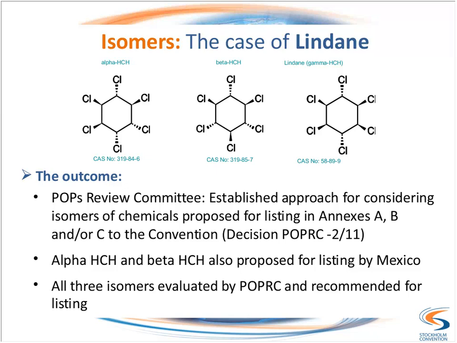But you have to understand that the listing of lindane, of the gamma, means no more production of alpha, beta, and gamma because they come together during production, and no trade, no use, proper waste treatment according to the convention. And the listing of alpha and beta means that all the stockpiles, the waste that are around in the environment, are now POPs waste and have to be addressed under the Stockholm Convention.